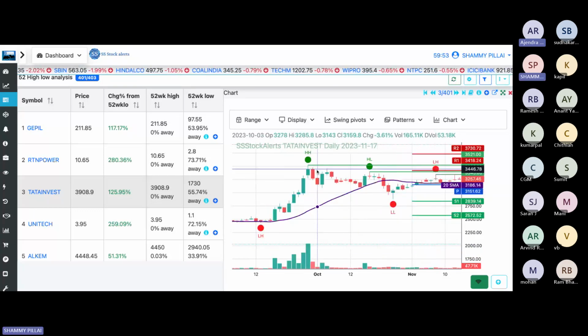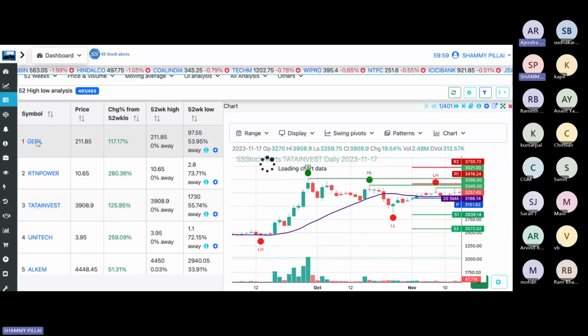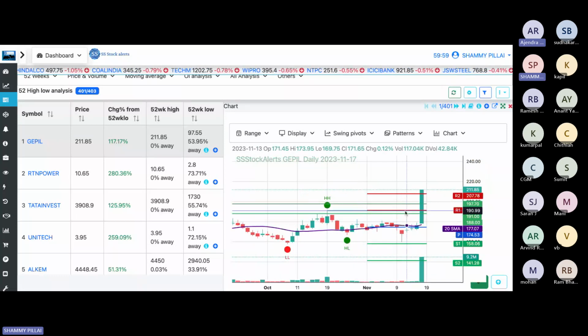See, a strong breakout. You take any stock like GPL. See, volume is muted, no? 20 MA, pivot. Keep your trading list very simple. Look at the consolidation, the entire November in the same range. 174, 175, 177, and a single day up.